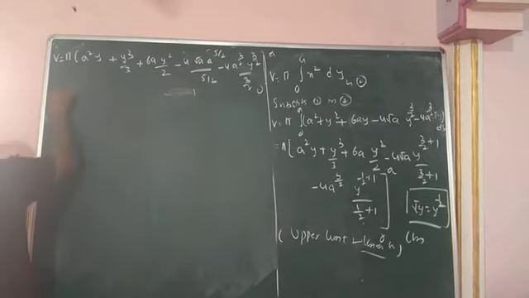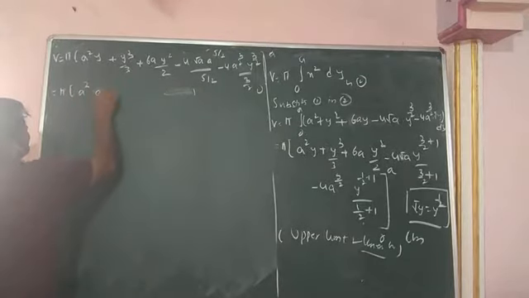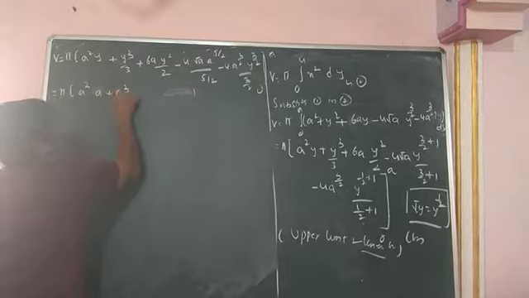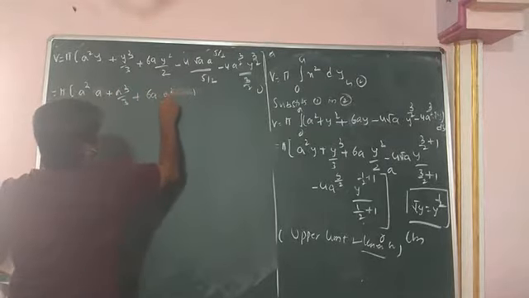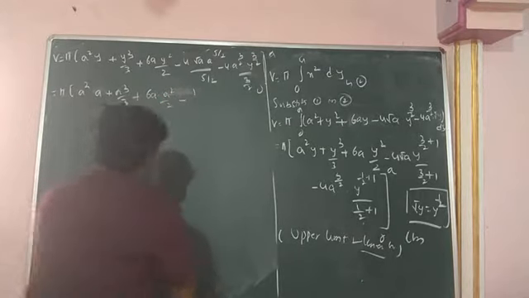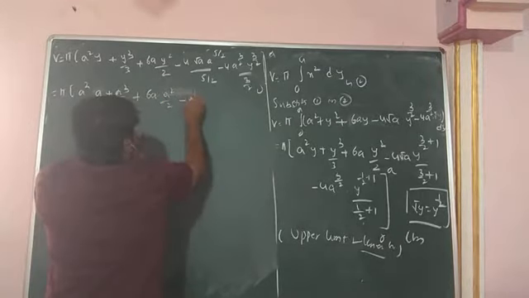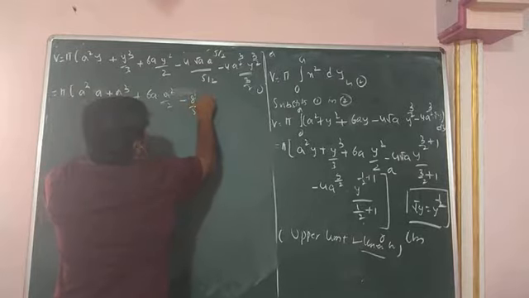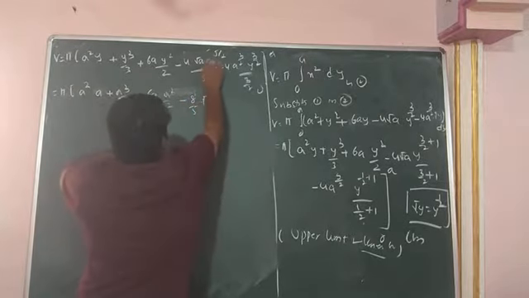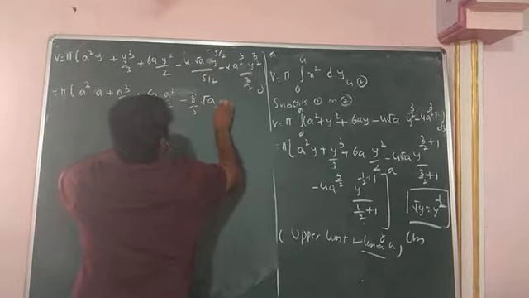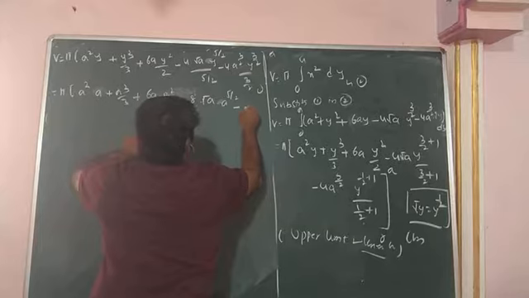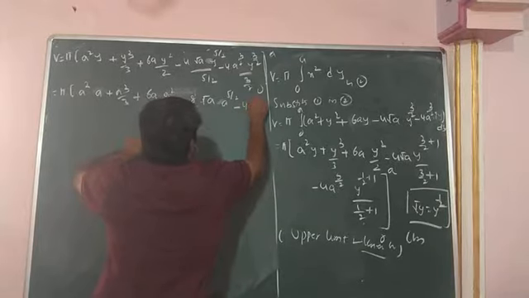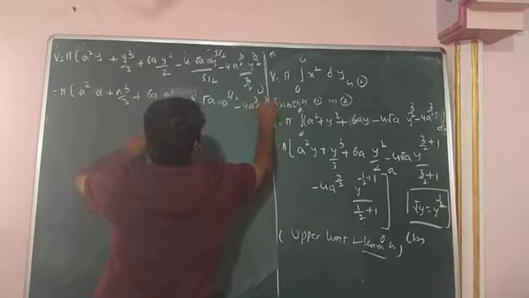So we get that pi equal to a square into a plus a cubed by 3 plus 6a into a square by 2 minus, this is nothing but 8 by 5 into root a into, this is y power, nothing but a power of 5 by 2, minus 4a power of 3 by 2 into a power of 3 by 2.